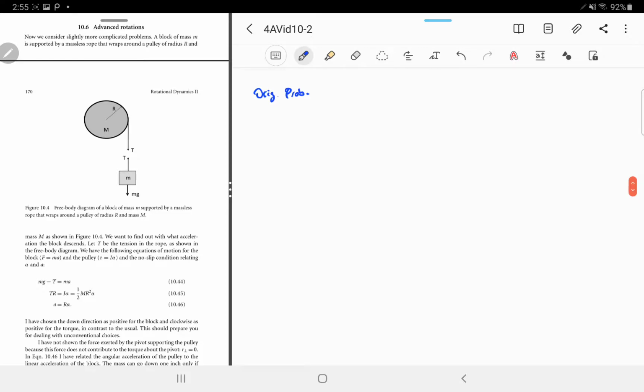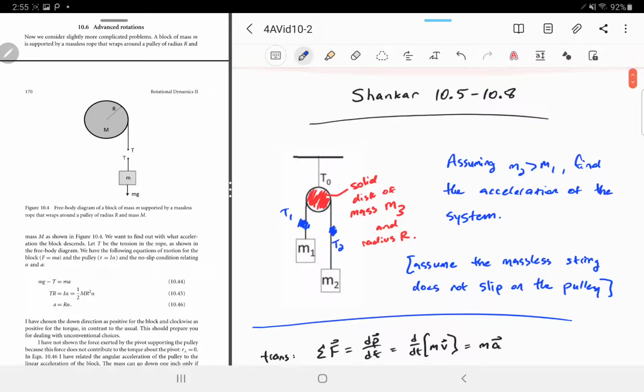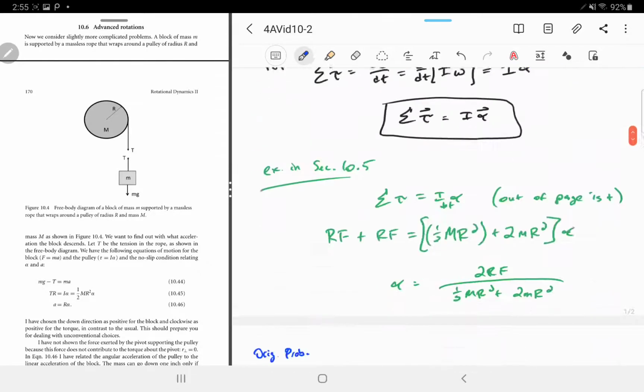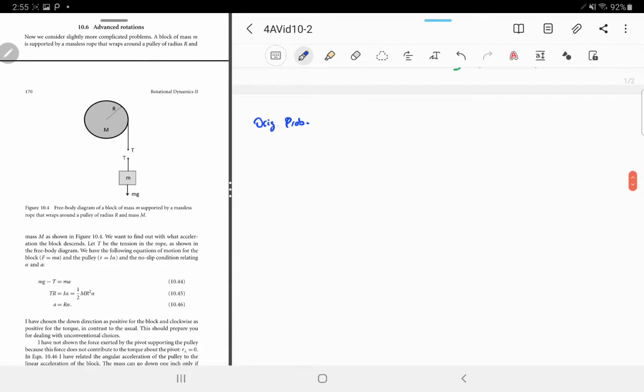So what you've been trained to do is F equals ma, and that's still valid. So let's do that. There are three different equations that we can set up. There's the sum of the forces on M1 is equal to M1 times its acceleration. There's the sum of the forces on M2 is equal to M2 times its acceleration.